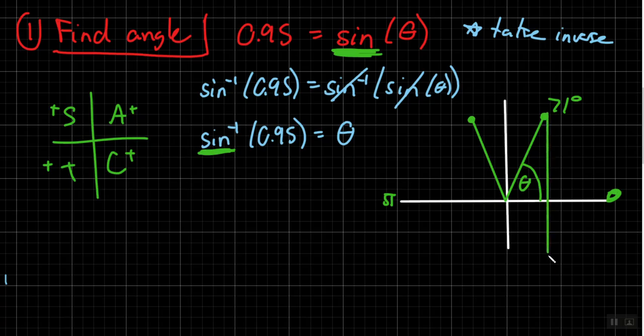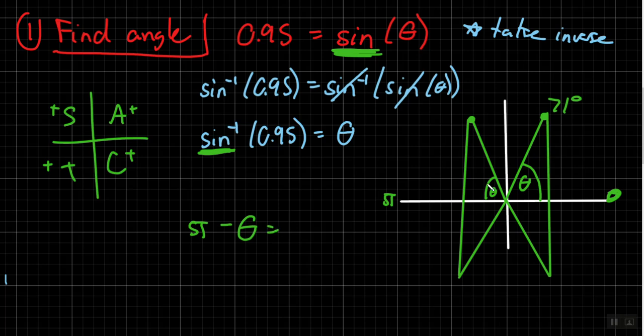Remember bow ties and butterflies? Okay, this is the bow ties and butterflies. This angle right here is supposed to be the same as that one. Yep, it's going to be the same. So if we're at pi here, I should do pi minus theta to get that new angle right there.